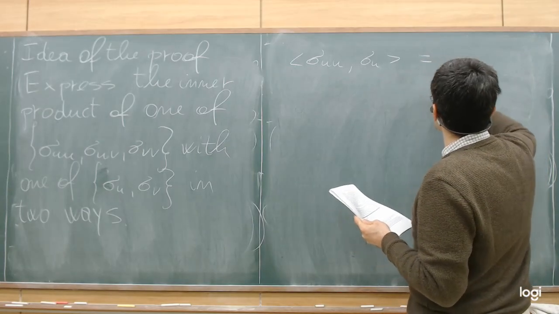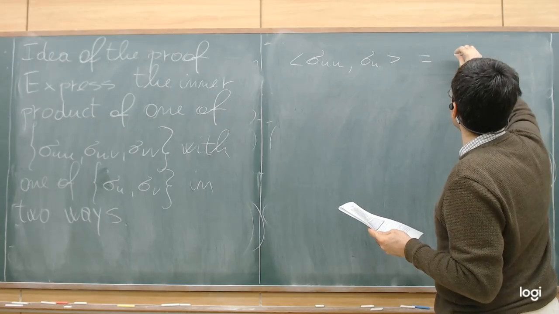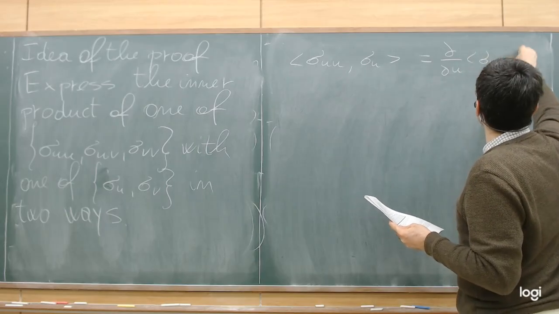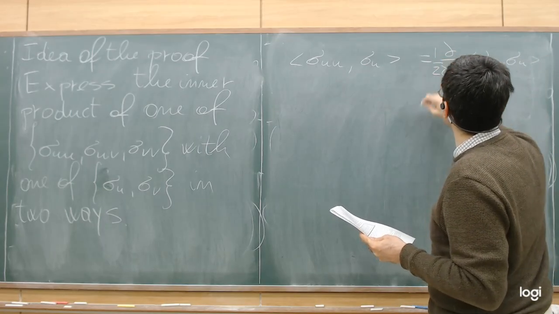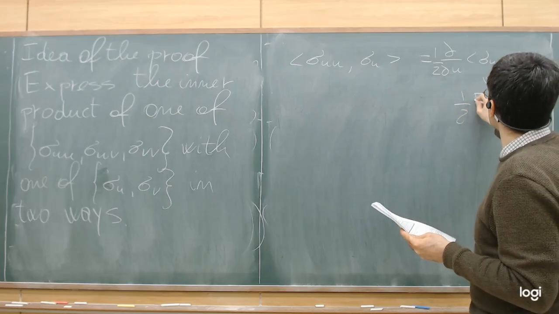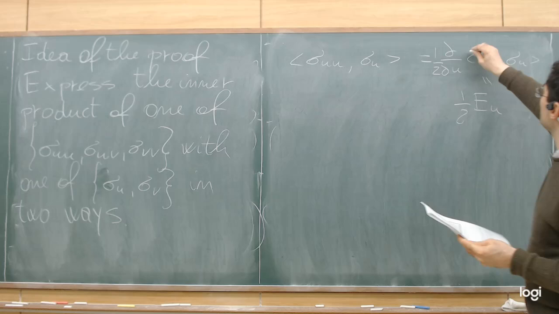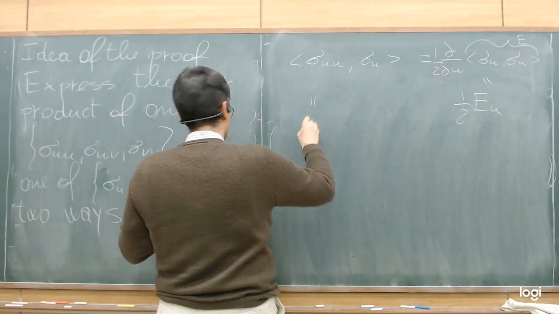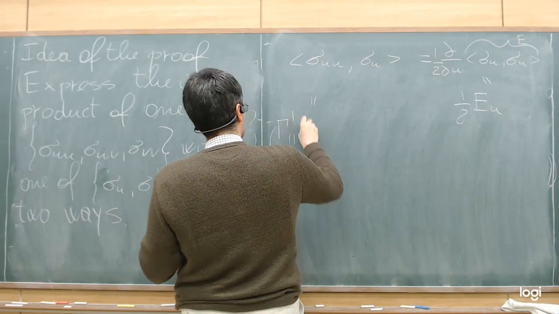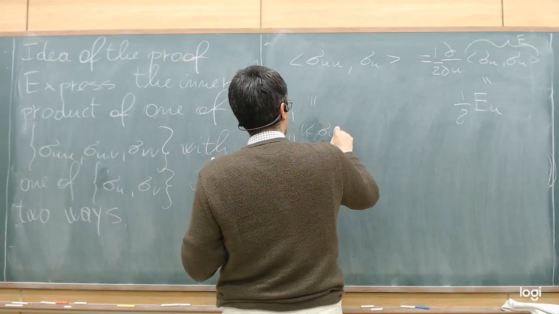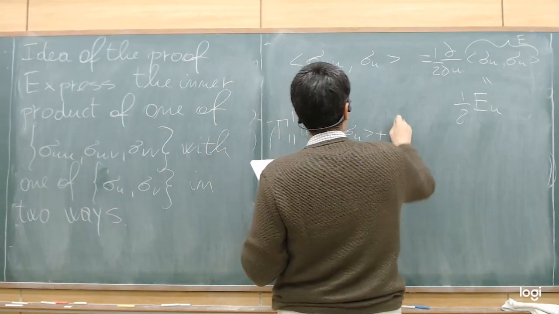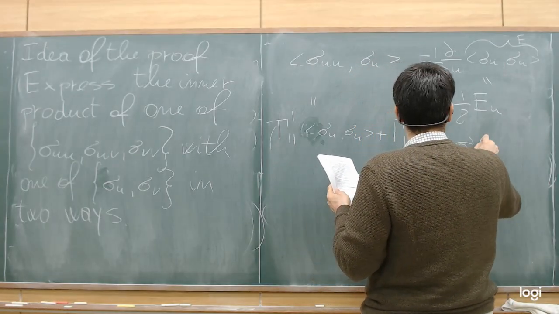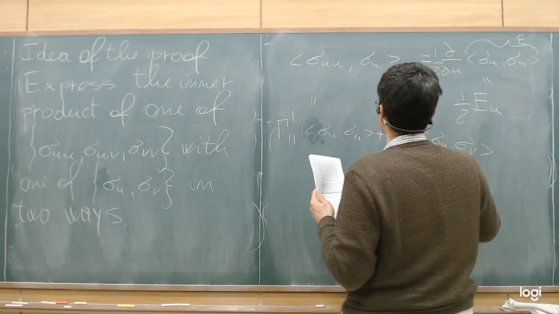This can be written as the derivative with respect to u of the norm of sigma_u divided by 2, that is 1/2 E_u, because this is E, but also as gamma 1 1 1 E plus gamma 1 1 2 F. Why?